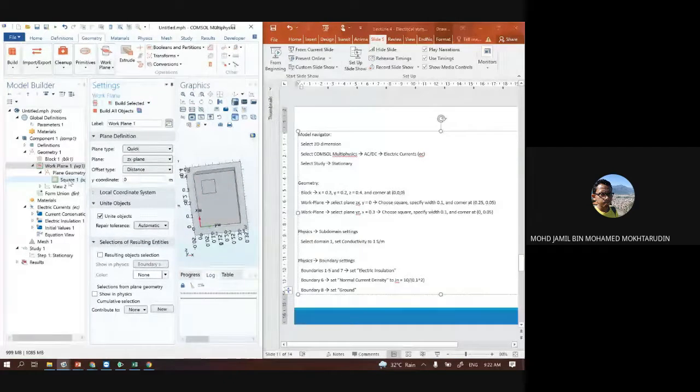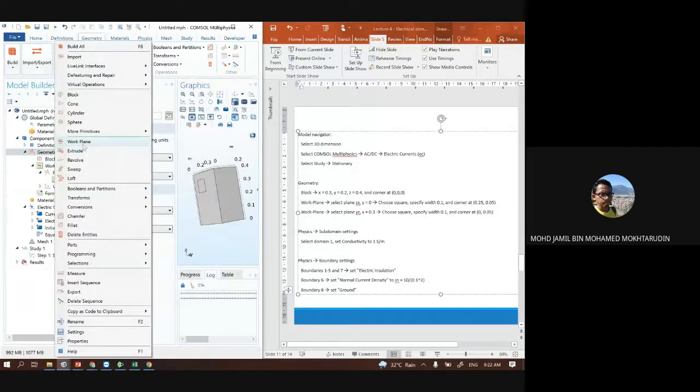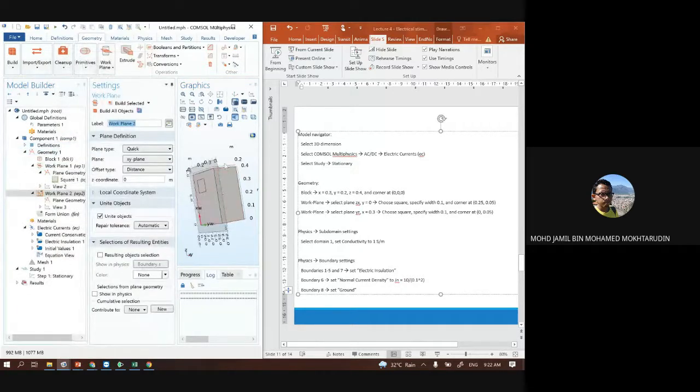And then we repeat the process to draw another electrode on this side. So similarly, right click, choose work plane, and then choose a plane on this side here. You can check by clicking build selected whether you have chosen the right plane.